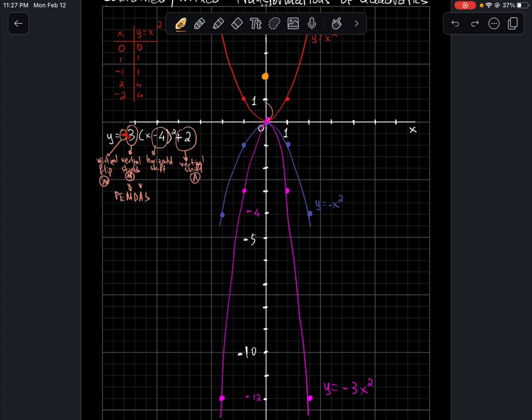I shift 1, 2 steps, and it goes up. Okay, now what's going to happen to those 2 points? They're going to go 2 units up, 1, 2, so that's going to go here. What about this one?